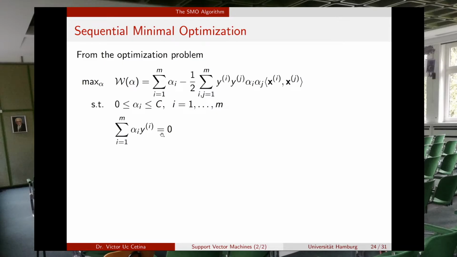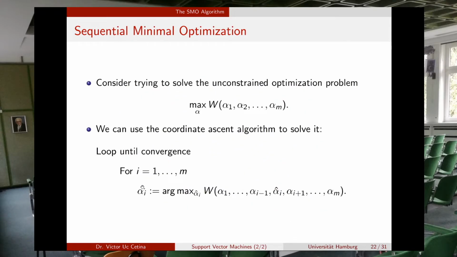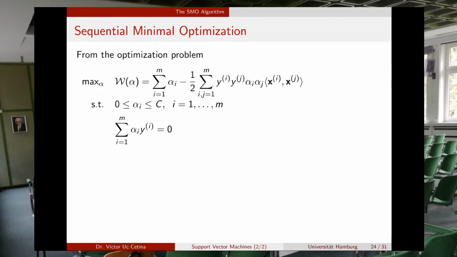So if you try to run this algorithm, the problem is that when you add or subtract something to alpha 1, for example, then you cannot guarantee that this constraint is going to be satisfied.